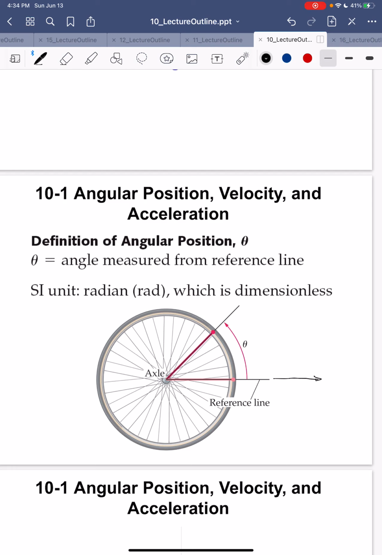This is where we have started. Here I'm going to say maybe my theta equals 0. And then I will measure my theta from the reference line. We will use radians for measuring theta, which is dimensionless, as I said.